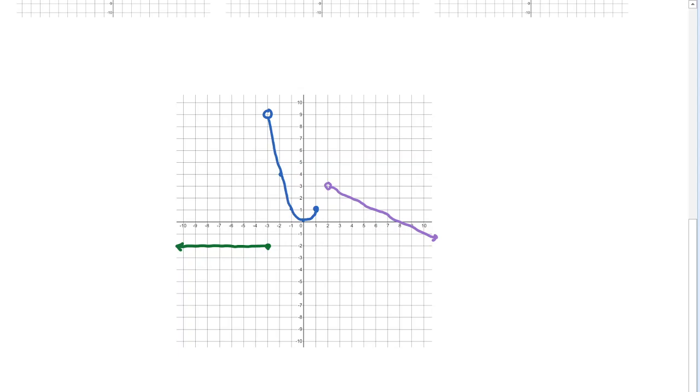And so earlier we computed a few different outputs. We computed the output corresponding to an x value of negative 1. And we saw this point here, we saw that we got out positive 1 from this function. That's because we use this blue part of this graph, essentially. And then we also plugged in negative 3, and we got this point here, we got an output of negative 2. We used this green rule. And we plugged in 6, and we got out positive 1.